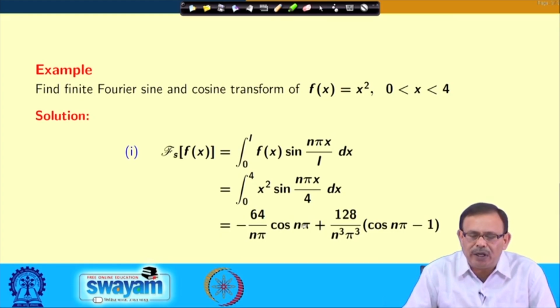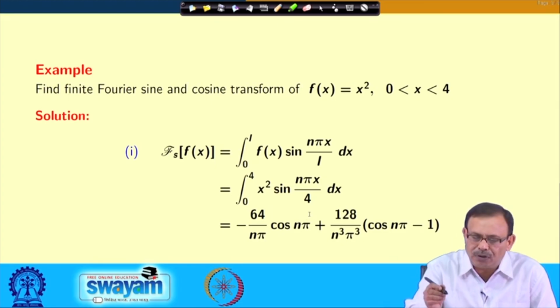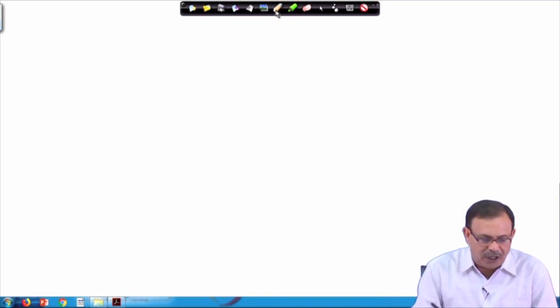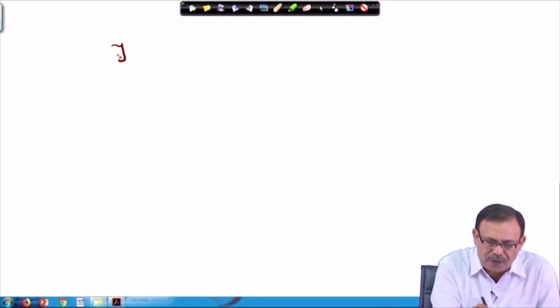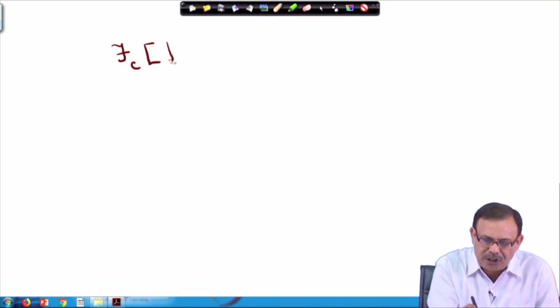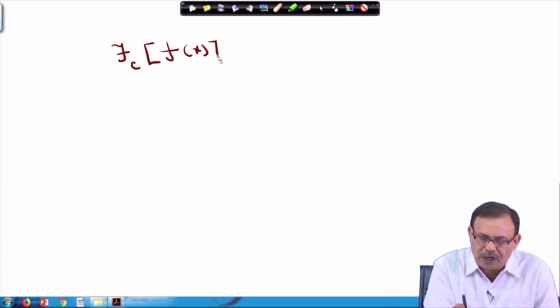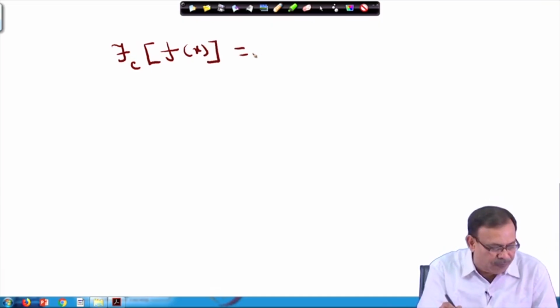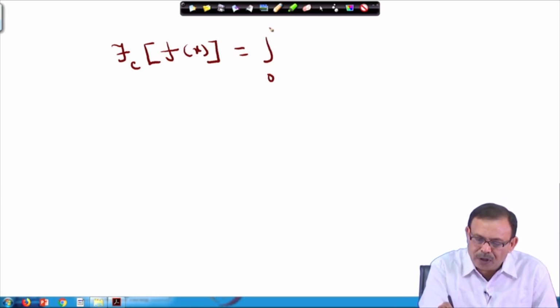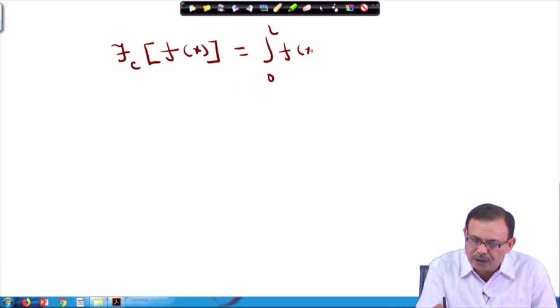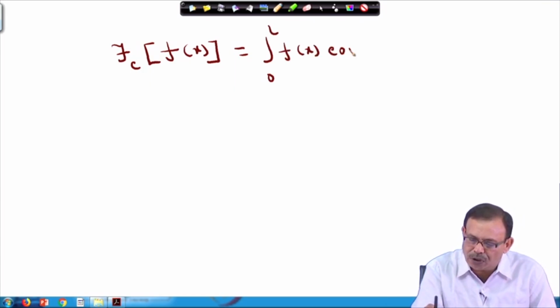In the same way I can find the Fourier cosine transform also. Let us see it. The finite Fourier cosine transform of f x, F c of f x, from the definition is the integral from 0 to L of f x into cos of n pi x by L into dx.